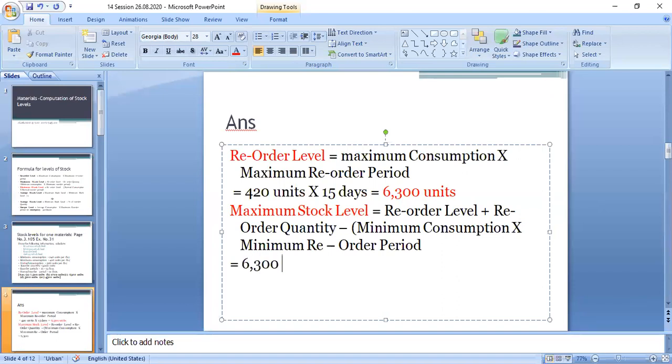Then you have to plus reorder quantity, given in the question, that amount is 3,600. Then subtract the minimum consumption, 240 units in multiplication of the minimum reorder period, that is 10.